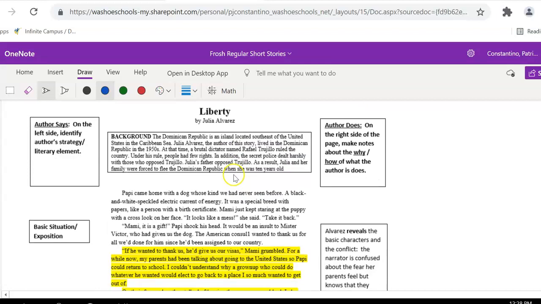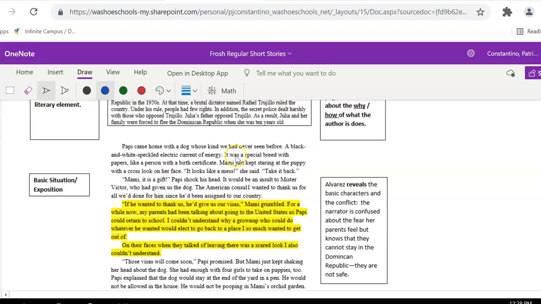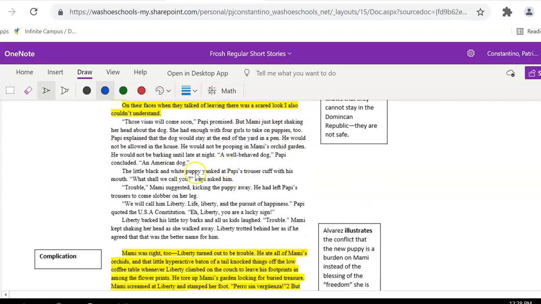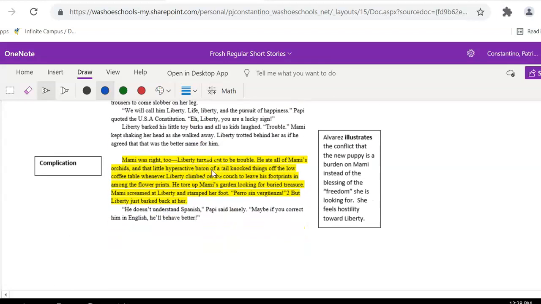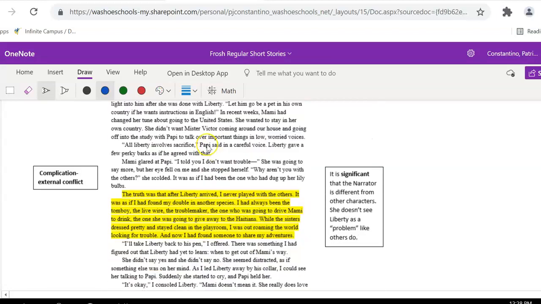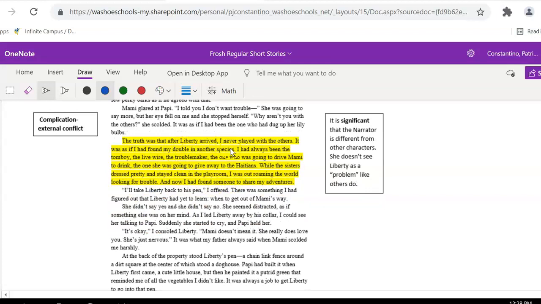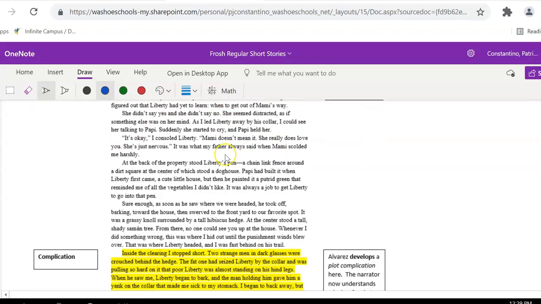So in the text, we have the information about Poppy coming home, and they have the little dog, and they name the dog Liberty. And Liberty gets into a lot of trouble. So you go into the second page and we hear about Liberty pooping in the house and things like that. And then we hear about the main character that loves Liberty. And she spends all her time with Liberty and is very defensive and wants to take care of Liberty.